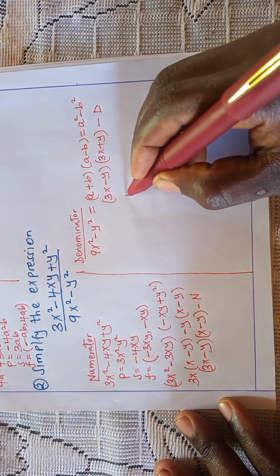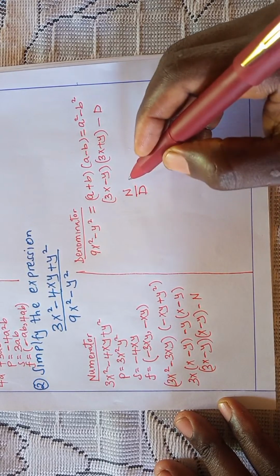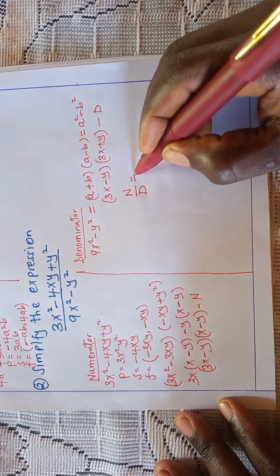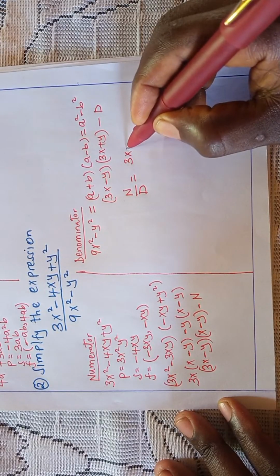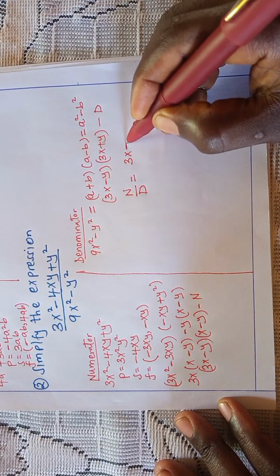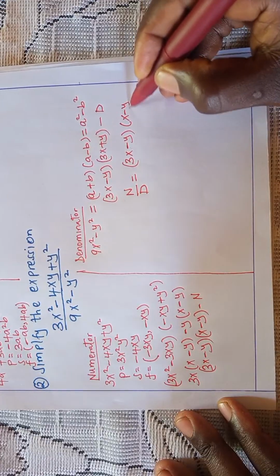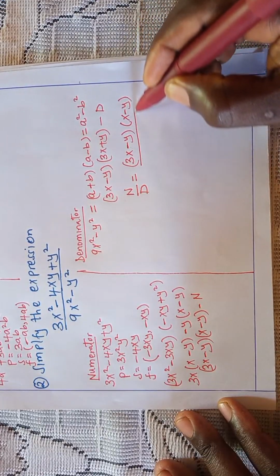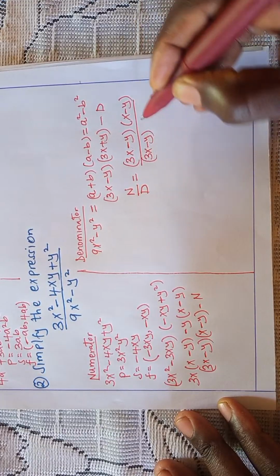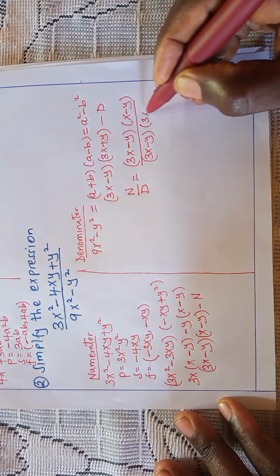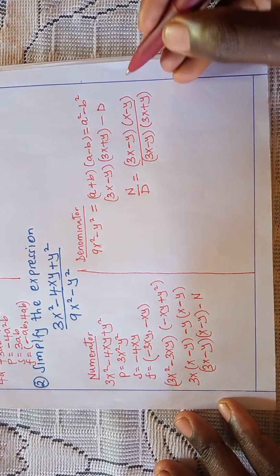We are going to combine the numerator. We are going to divide the numerator by this and say that the numerator in its simplest form is 3x minus y. Then you multiply this by x minus y. You divide by the denominator, which is 3x minus y, multiplied by 3x plus y. Do we have similar elements?